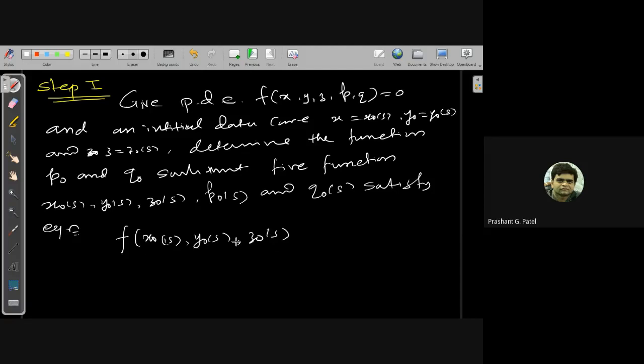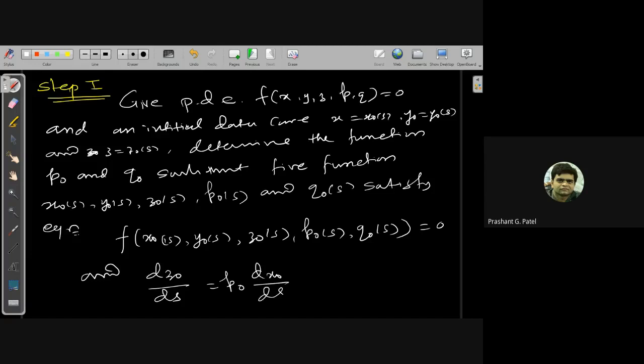That is f of x0(s), y0(s), z0(s), p0(s), q0(s) is equal to 0, and dz0/ds is equal to p0 into dx0/ds plus q0 into dy0/ds. So they will satisfy these two equations.